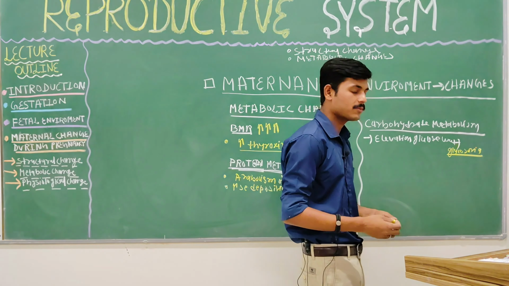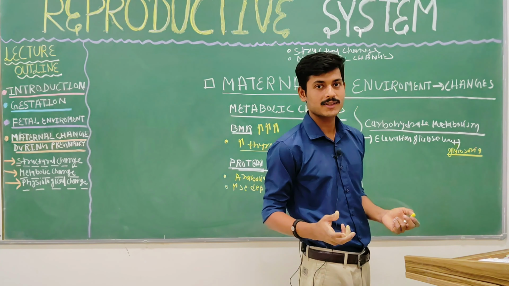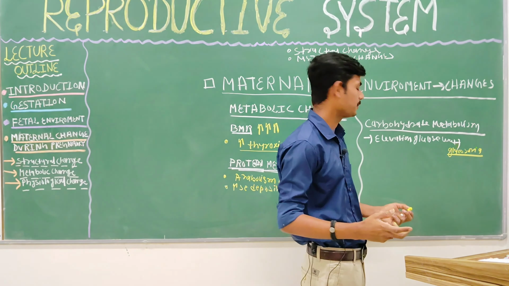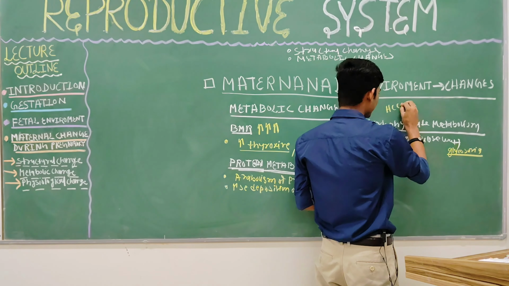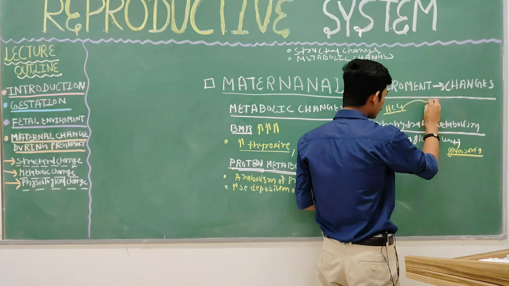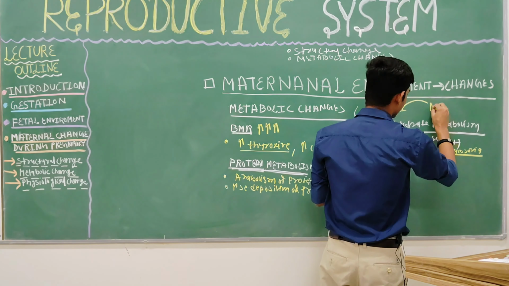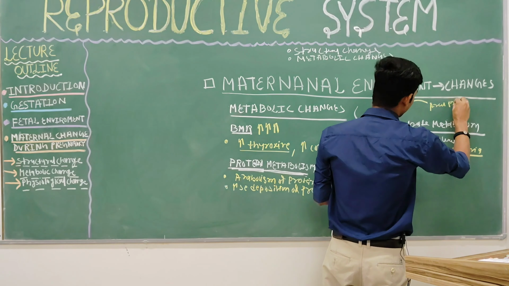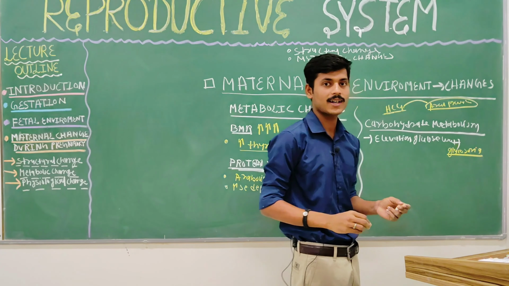Sometimes it is due to excessive vomiting. You know why females have vomiting during pregnancy? Because the HCG hormone goes to the higher centers, and the area postrema is responsible for the vomiting and nausea reflex.